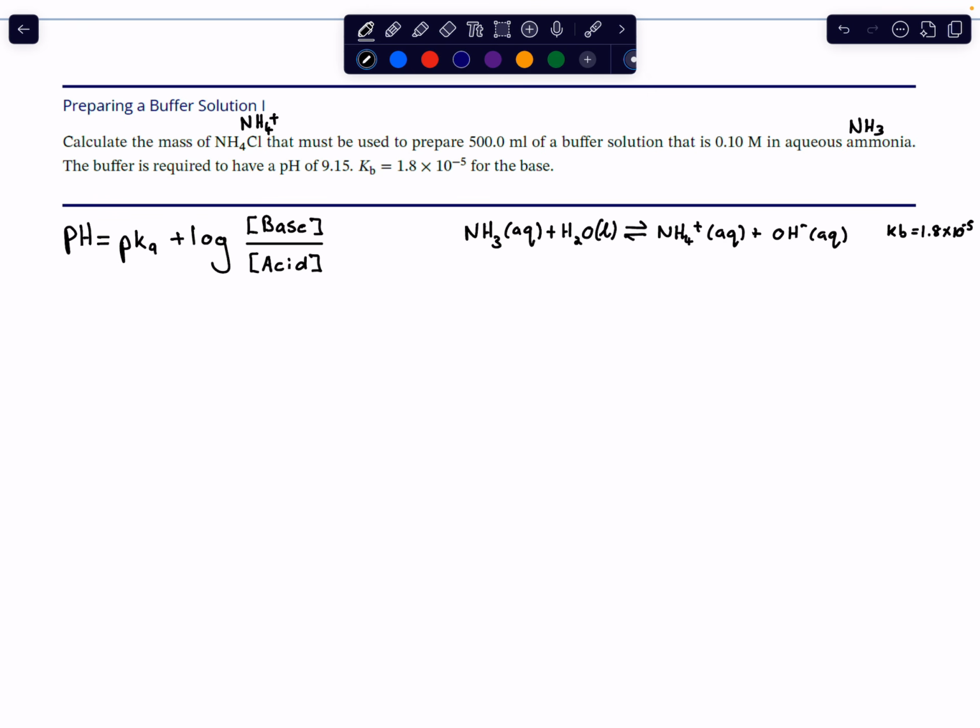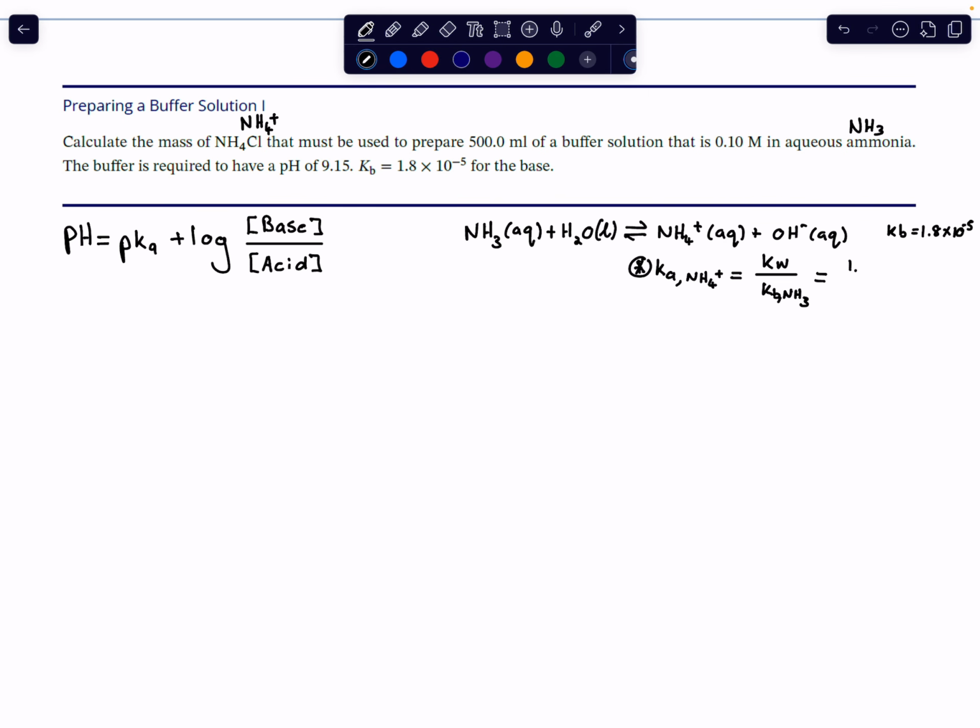Now what we need is the Ka of ammonium. So we have the Kb of ammonia, but we need the Ka of ammonium to use this equation in the acidic form. So one of the things that we will need to do, or just need to make a note of, is we will need to calculate the Ka of ammonium, which is going to be equal to Kw divided by Kb of ammonia.